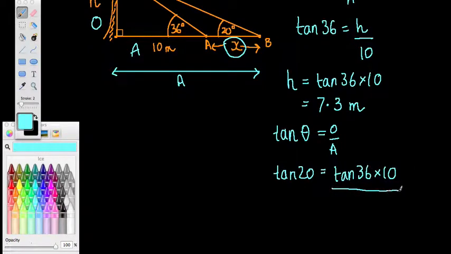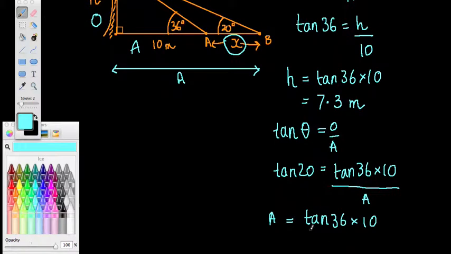My adjacent side, I'm trying to find that. I'll leave that as A. Now, at this point, this is one of those trickier ones where we multiply both sides by A, and then we divide both sides by tan 20. I might just skip a step here. I am going to run out of room.